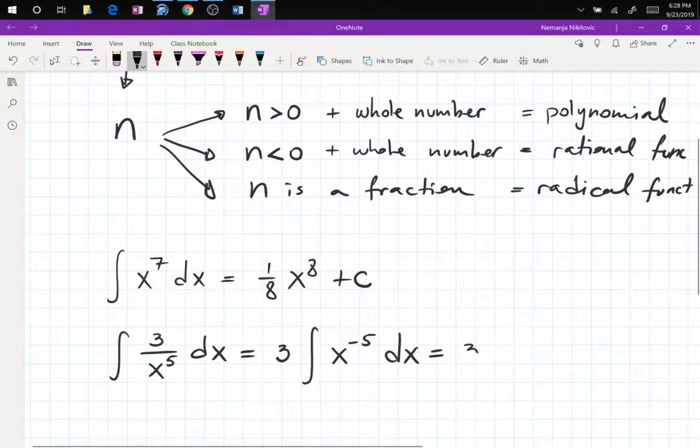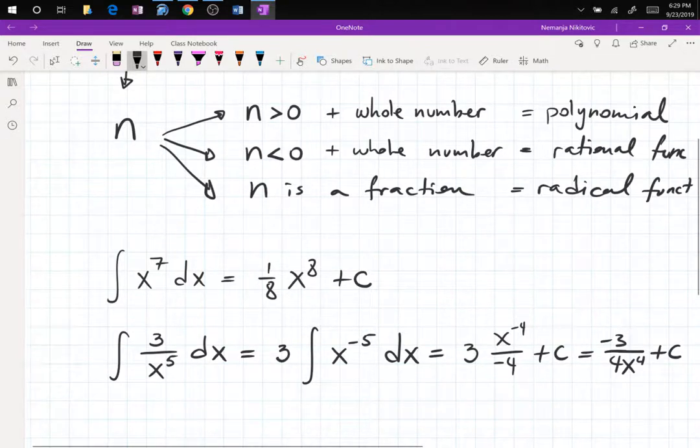So now we have 3 times x to the negative 4 over negative 4 plus c, which gives us negative 3/4, and then x is in the denominator now, x to the 4th plus c. Because that negative 4 pushes the x into the denominator.